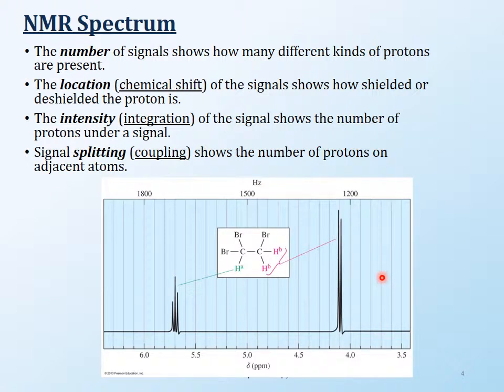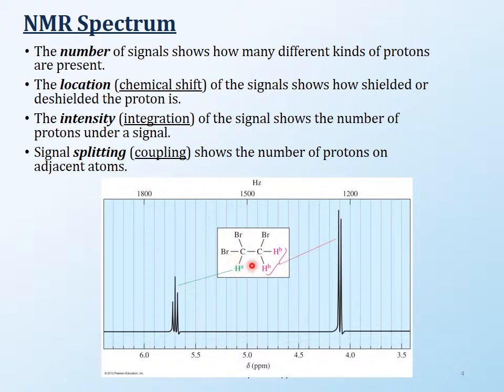So the first thing we look for is the number of signals that we have in an NMR. The number of signals will tell us how many different kinds of protons we have. In this compound, you can see that these two protons are different from this proton, because the green one is attached to a carbon with 2 bromines, and the pink ones are attached to a carbon with only 1 bromine.